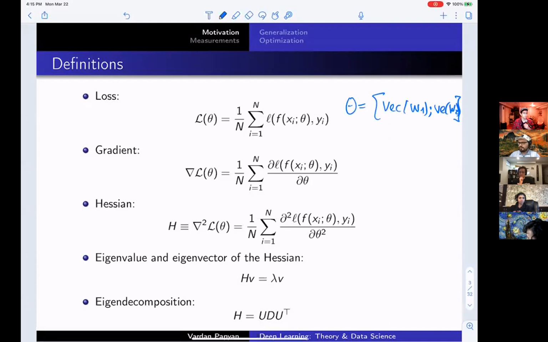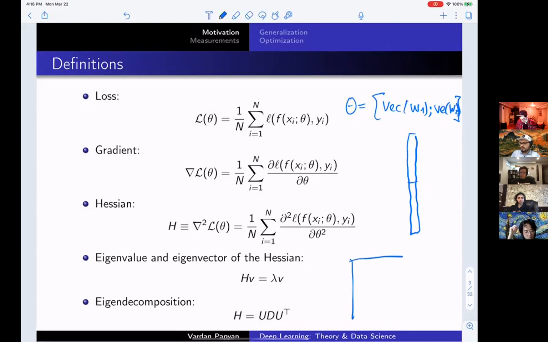I remind you that theta can also be thought of as a block vector. It's a vector which has a block structure where each block corresponds to a different parameter in a different layer. Besides the gradient, we also have the Hessian, which is the second derivative of the loss with respect to the parameters, which is a matrix of size parameters by parameters.